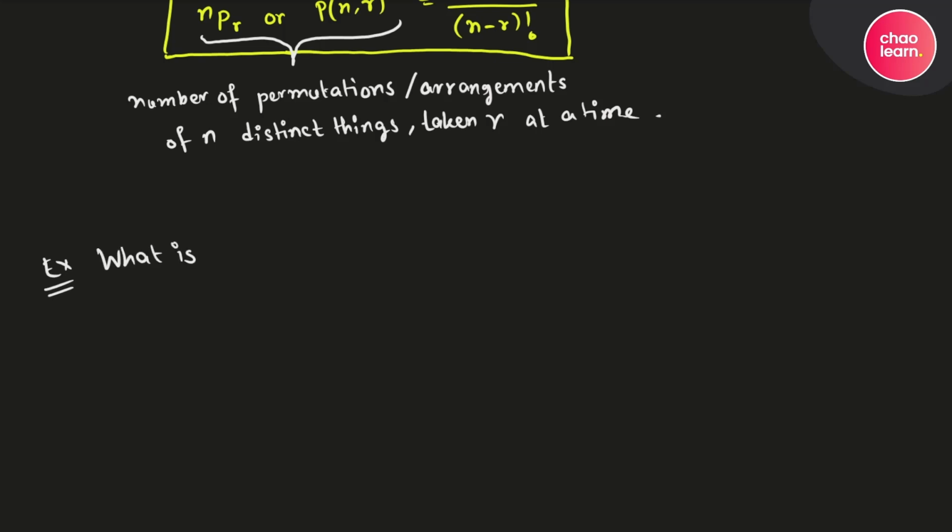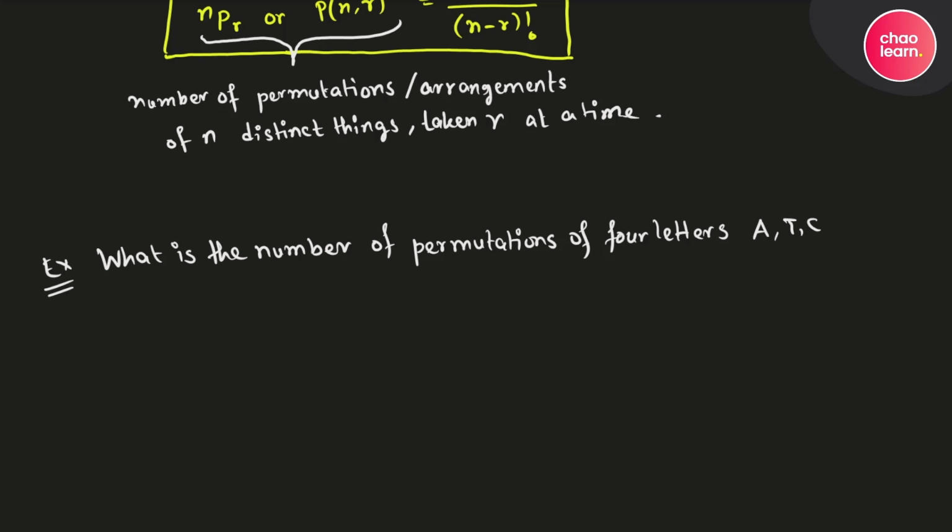What is the number of permutations of 4 letters A, T, C, G taken 3 at a time? This is exactly the question that we solved earlier, but we took cases.